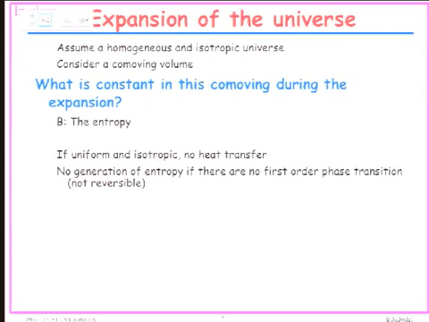And if you don't have a first order phase transition, which would not be reversible, there is no production of entropy. In old language, the expansion of the universe is reversible or quasi-static. You stay in thermal equilibrium.